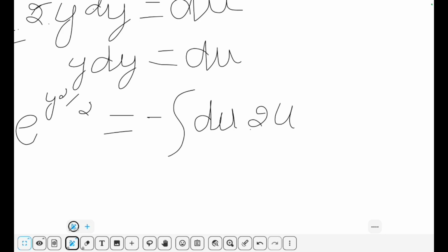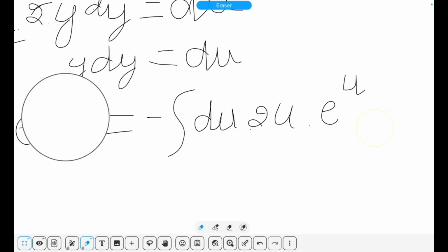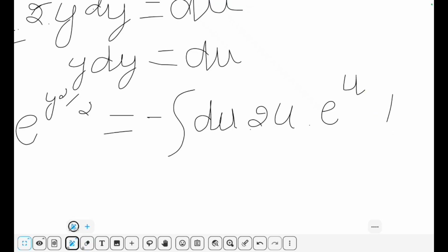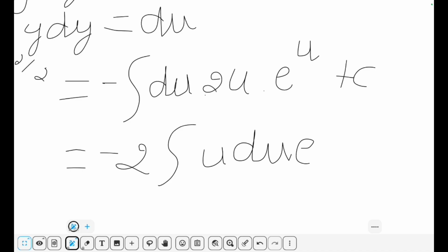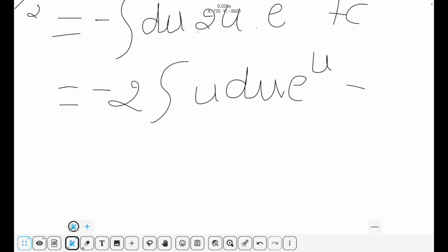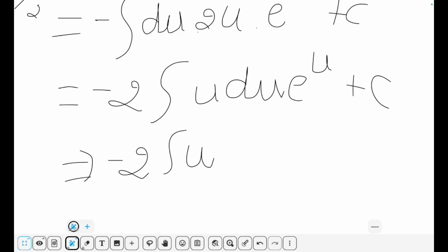So it is minus ∫2u e^u du plus c. Now minus 2 is constant, so it is minus 2 ∫u e^u du.